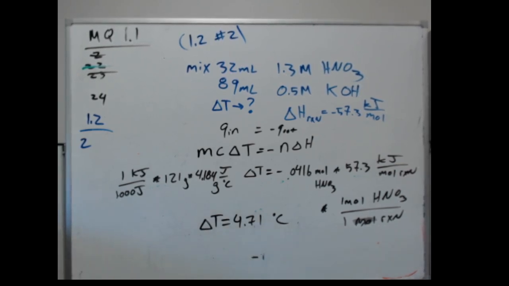And that should make sense because that's again in the ballpark we've seen for all of these neutralizations. We're always seeing it be like 1 to 5, 7, 8 degrees. The only way we can get these acid-base reactions to have a really big increase in temperature is if we do much, much higher concentrations. Right, so there's a lot more reaction happening in a smaller volume.